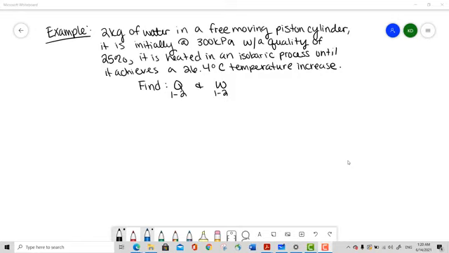We're kind of moving into the first law. So we have 2 kilograms of water in a free-moving piston cylinder. It is initially at 300 kilopascals with a quality of 25%. It is heated in an isobaric process until it achieves a 26.4 degrees Celsius temperature increase. Find Q, heat transfer 1 to 2, and work 1 to 2.